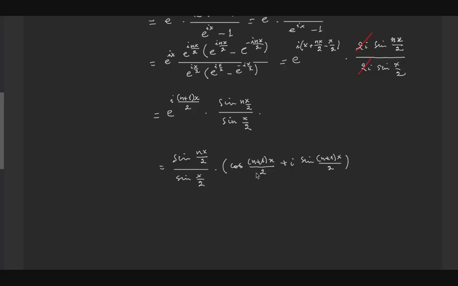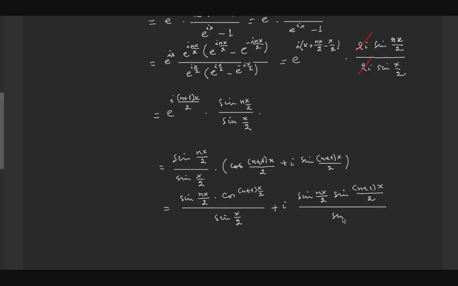If we expand this product, we'll have sine nx over 2 times cosine (n plus 1) x over 2 over sine x over 2, plus i times, again, sine nx over 2 sine (n plus 1) x over 2 over sine x over 2. Nice.